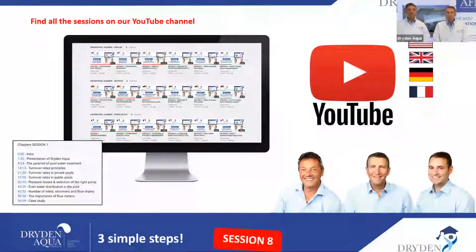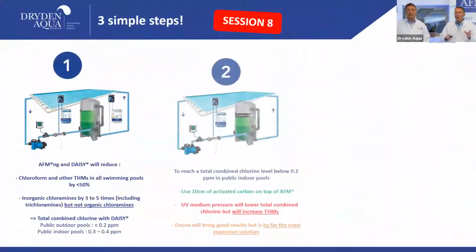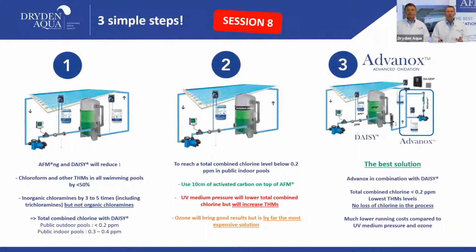Okay, so let's go back to session 8. What were the 3 key learnings? Learning number 1, you remember, if you use AFM NG in combination with Daisy, you are lowering your chloroform, your THM production, by 50% or more, and you are lowering your inorganic chloramines by a factor of 3 to 5.